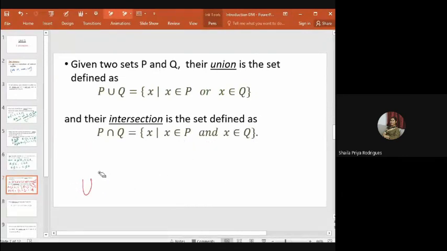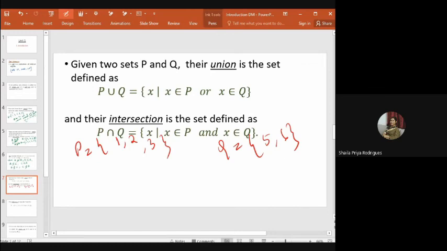Intersection. So P is, what was the set? 1, 2, and 3. Let's say Q is the same set, 5 and 6. Now have a look at the elements X of P as well as Q. The elements in the intersection set P intersection Q should belong to both P and Q. Do we have such elements?